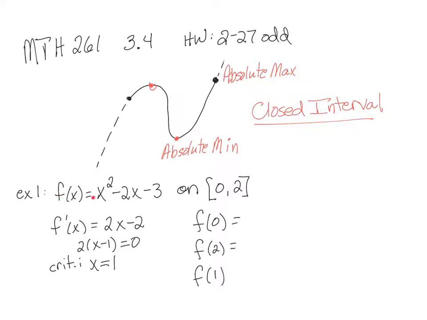You plug them into the original function. This is so much easier than graphing, guys. I plug the 0 in, and I get minus 3. Plug the 2 in, and I get 4, minus 4, and the minus 3 gives me minus 3. Both of those values are the same, but that's okay. Plugging in the 1, I end up with a negative 4.